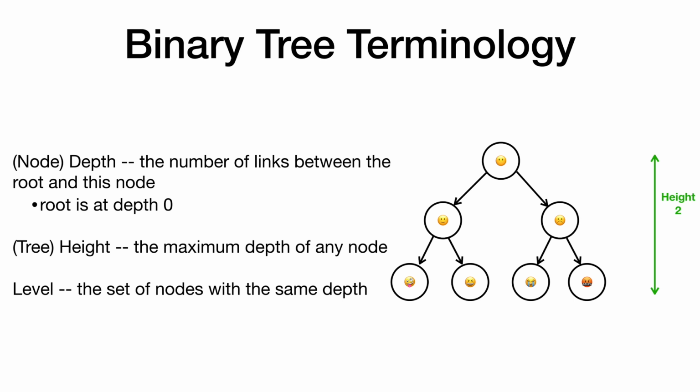But to keep consistent with the Zai book, we're going to use the calculation that the height of this tree is 2, because it's 2 edges to get from the root to any node.